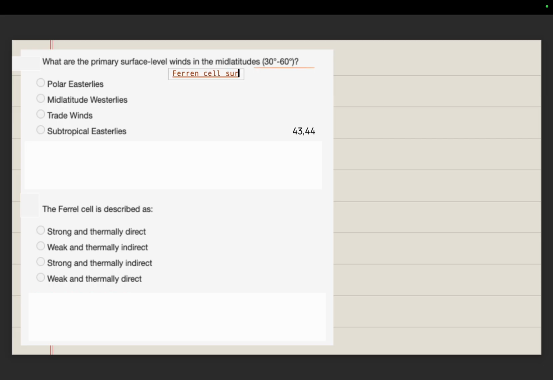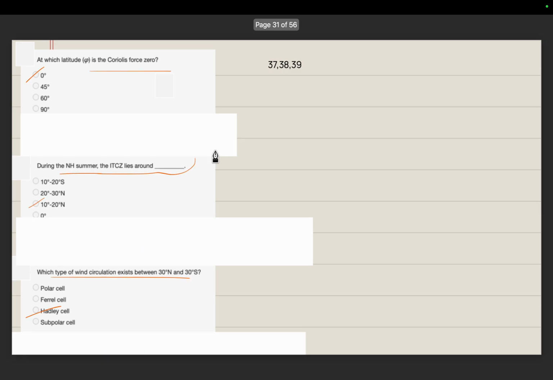So in the mid latitude, it is the Ferrel cell surface component.